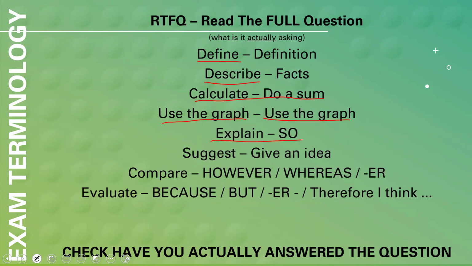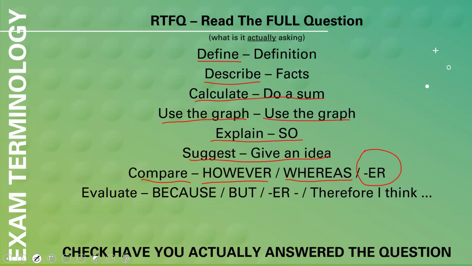Explain, chuck in a "so". Suggest is give an idea. Compare, you can say "however" or "whereas". But don't forget, if you compare, you need to use an "-er" word: faster, slower, bigger, smaller.